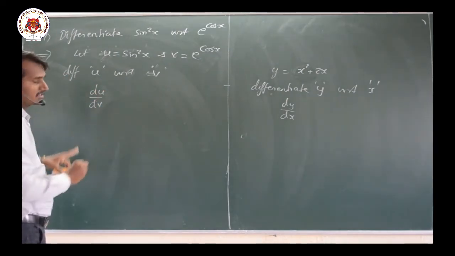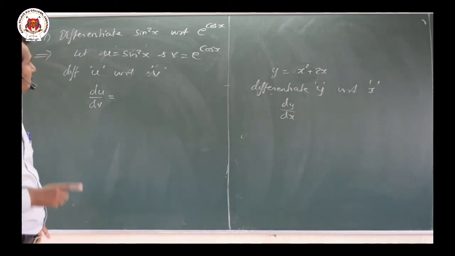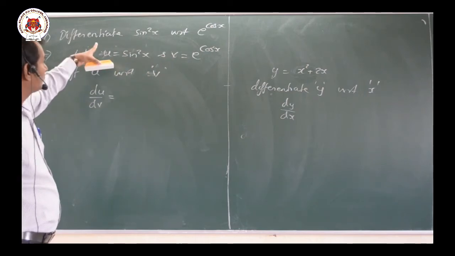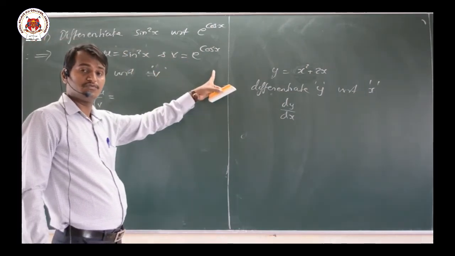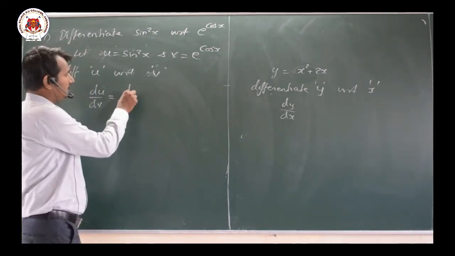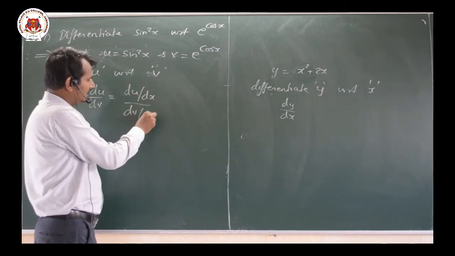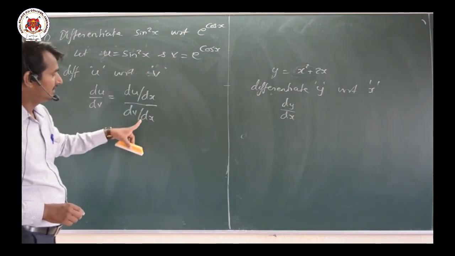Dear students, it is nothing but our parametric functions. The given problem I have converted to parametric functions. Now du by dv we can write as du by dx whole divided by dv by dx. That means we have to find du by dx and solve dv by dx.